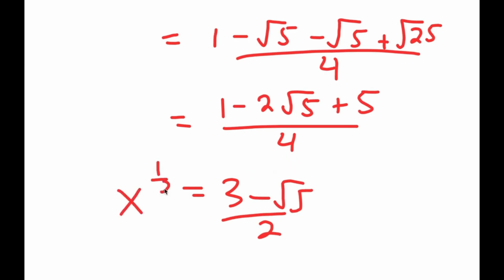Meaning x to the power of 1/2 is equal to 3 minus the square root of 5 over 2.